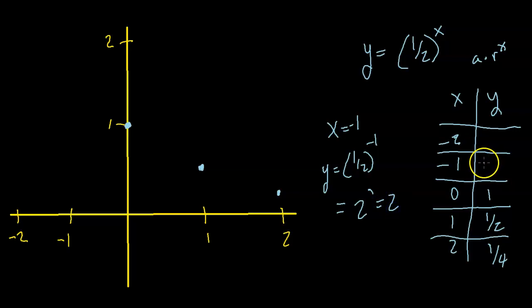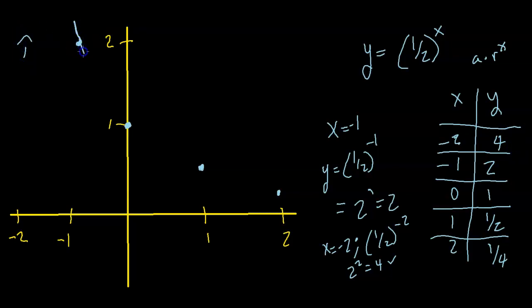So when x equals -1, y equals +2, right up here, right? And look, if we plugged in x equals -2, what would happen? We'd get 1/2 raised to the -2 power, right? We'd get 2 to the second power, which would equal 4, right? So that'd be even larger. It'd be way up there.